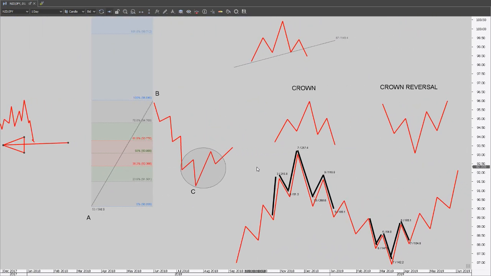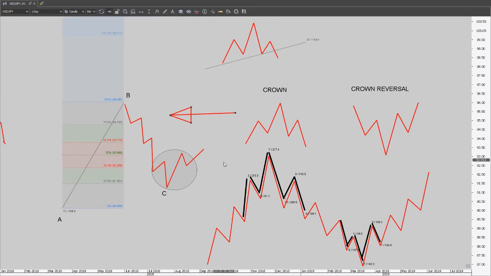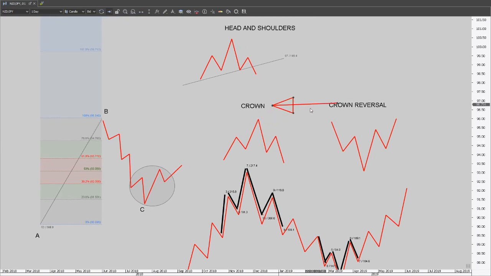I had a lecture before, so I have already here the formations. Now this is a crown. And this is the crown reversal. Of course, it's the same crown, just in the opposite direction. Now if you compare head and shoulders, which is okay, no problem, the crown is better as an entry technique, or an entry signal.